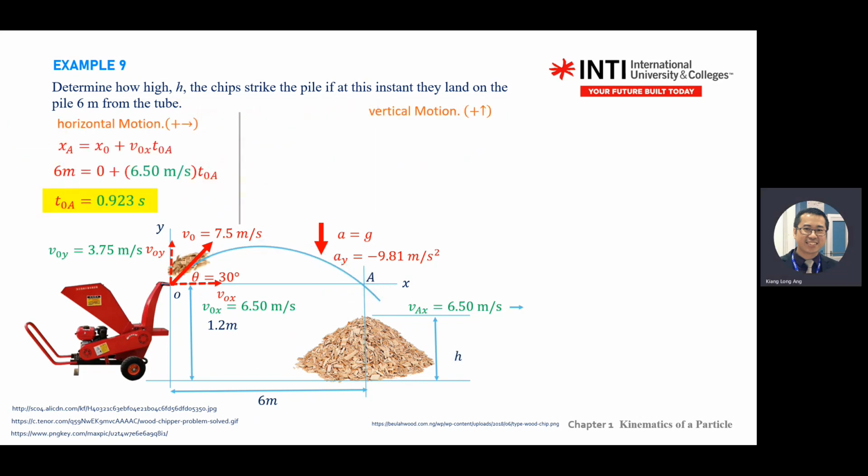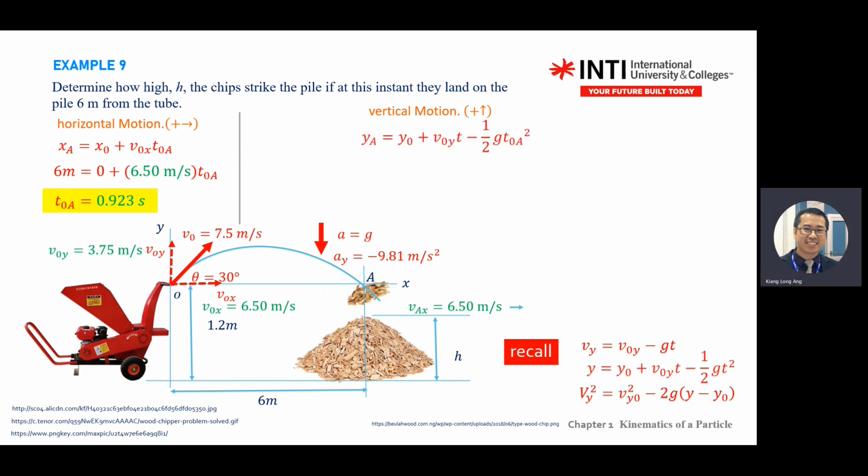You go to the vertical. Recall the 3 equations for vertical. Again, you need to derive these 3 equations. You can apply the first one, second one, third one also can, but in this case I use the second one.